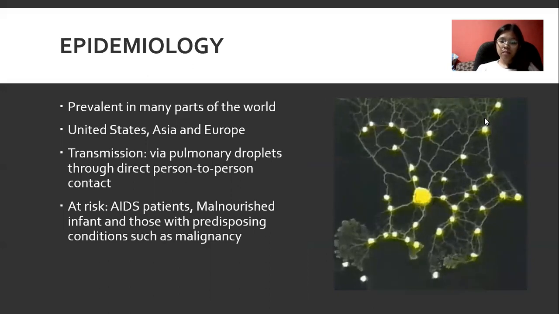Epidemiology, prevalent in many parts of the world, usually in United States, Asia, and Europe. So transmission is via pulmonary droplets through direct person-to-person contact. So at risk, AIDS patient, malnourished infant, and those with predisposing conditions such as malignancy.